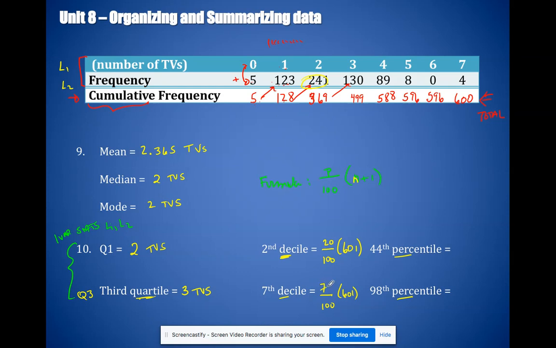Seventh decile, 70. How about percentile? Percentile is cutting everything up into ones. So the 44th percentile would be 44 slices, and this would be 98.